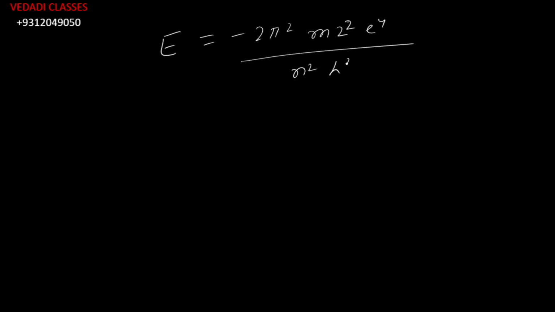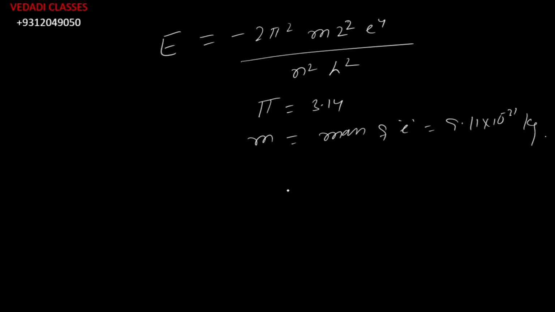Now, E is the energy, and the energy is minus 2 pi square m Z square e4 upon n square h square. As you know, pi is equal to 3.14. m is the mass of the electron, which is 9.11 into 10 power minus 31 kilogram.